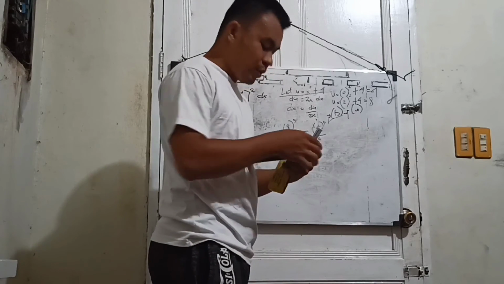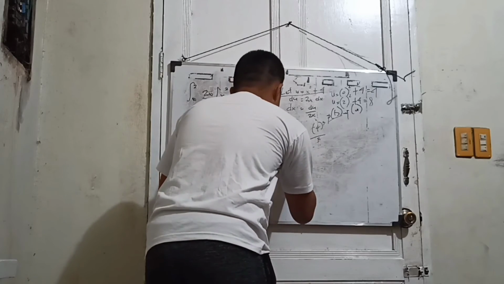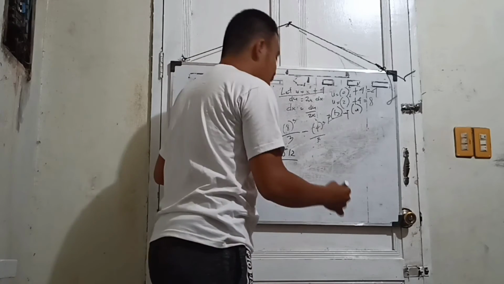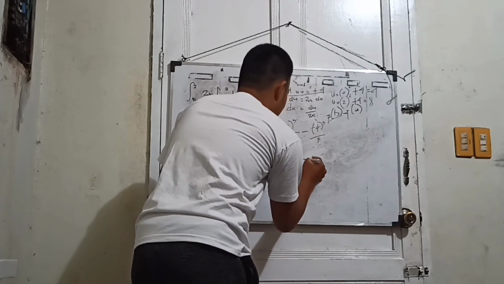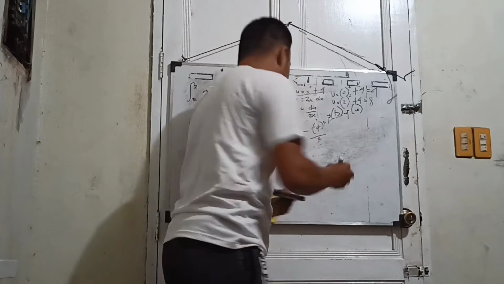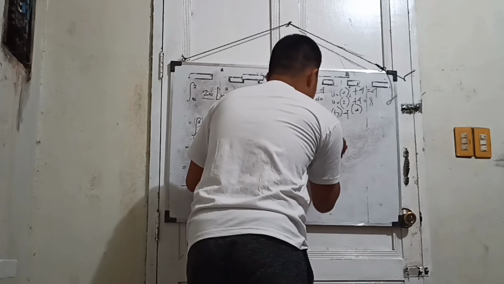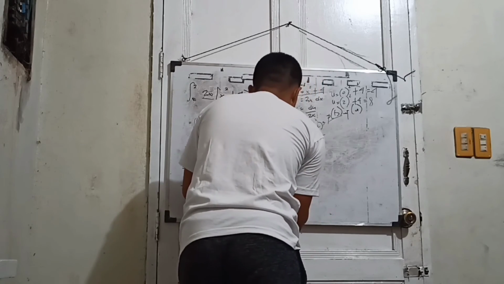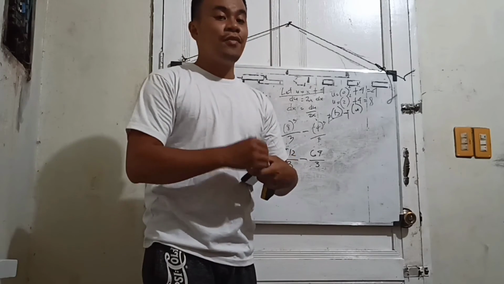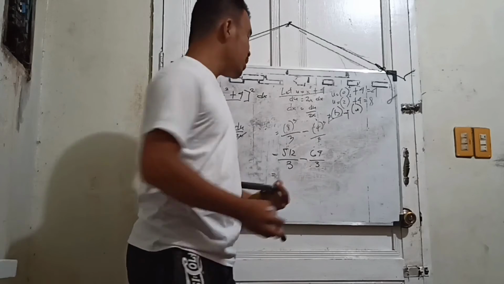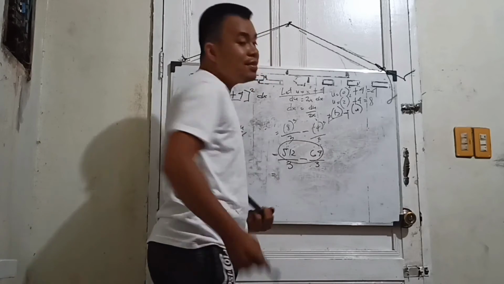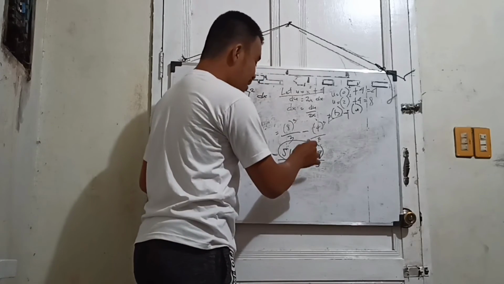So, 8 raised to the third power is equal to 512. Always copy the denominator. Minus 4 raised to 3. 4 raised to 3 is equal to 64. 64, bring down the denominator. As I said earlier, when you are subtracting fractions that have the same denominator, you only need to subtract the numerators and copy the denominator.